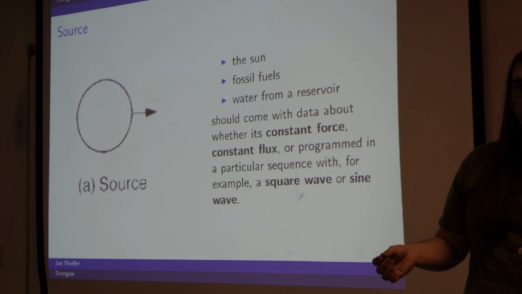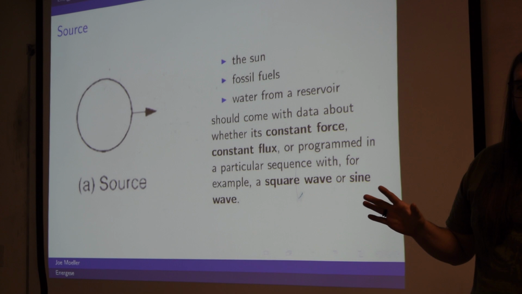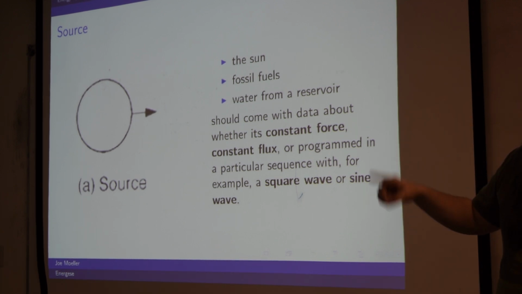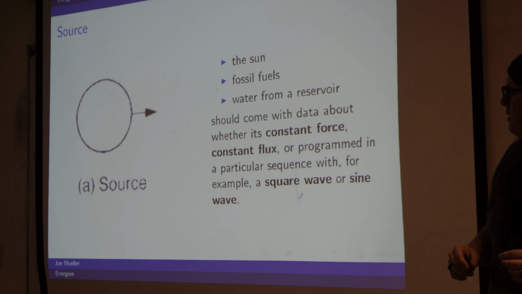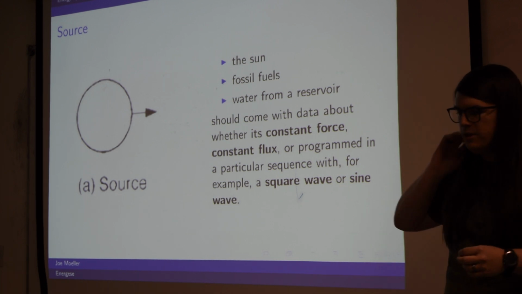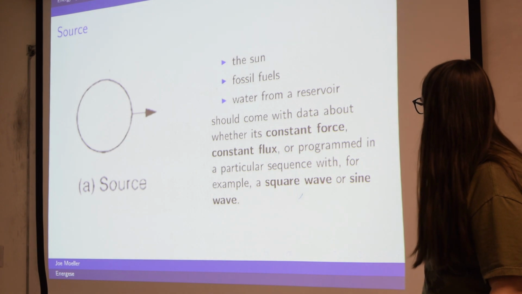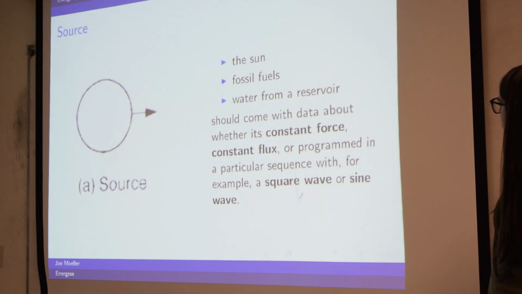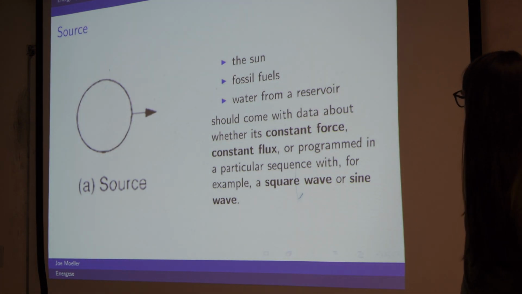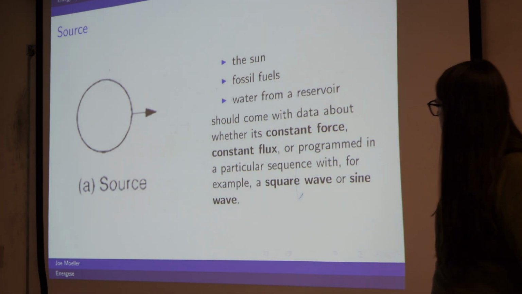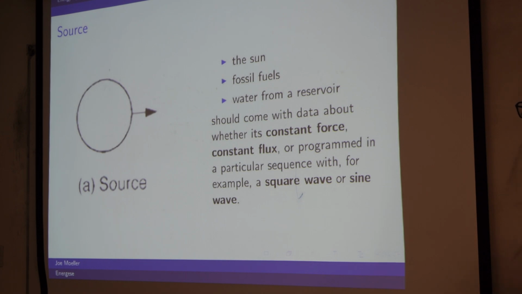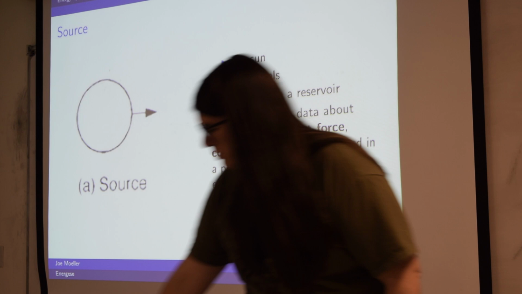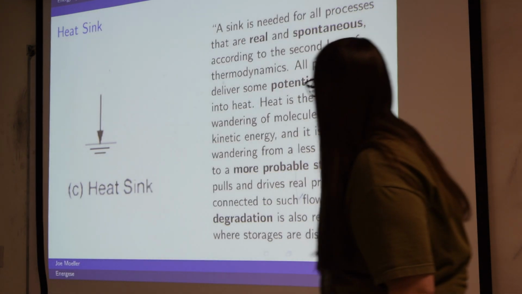So like the sun, it's probably constant, unless you're only looking at one half of the Earth or smaller, then it's going to be a cyclic thing where the amount of energy you get from the sun is changing over time, and then there's a lot of other possibilities, and then square wave, sine wave is the one I mentioned about the sun, if it's constant or if it's constant in flux. These are all different. This is data that should come with the source when you draw it into the picture.